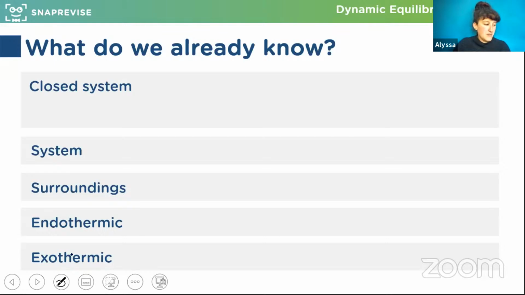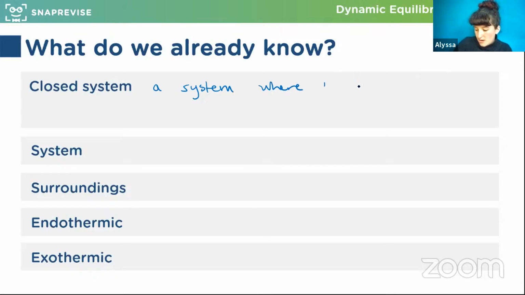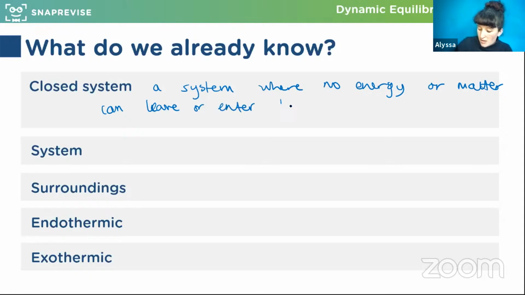A closed system is a system where no energy or matter can leave or enter.